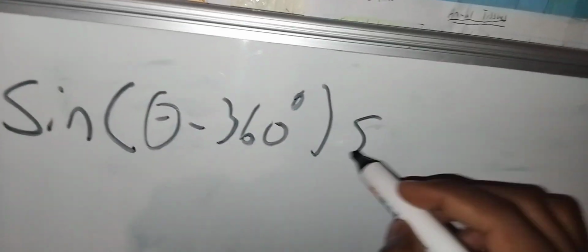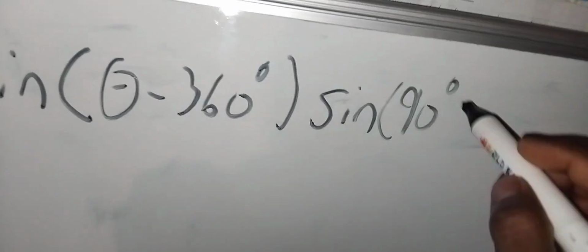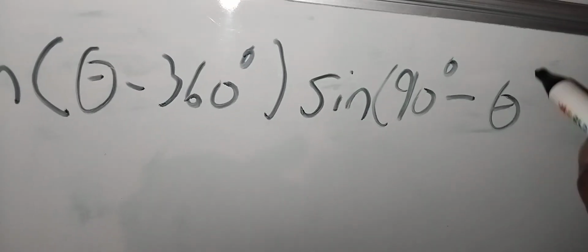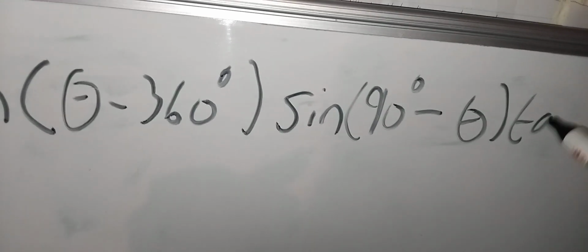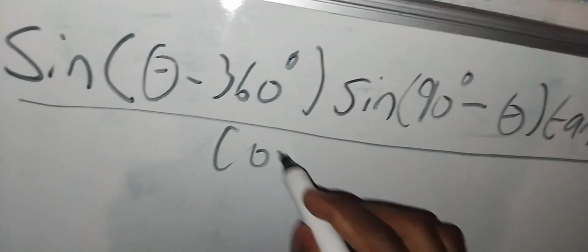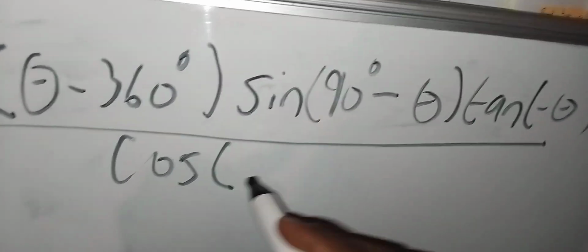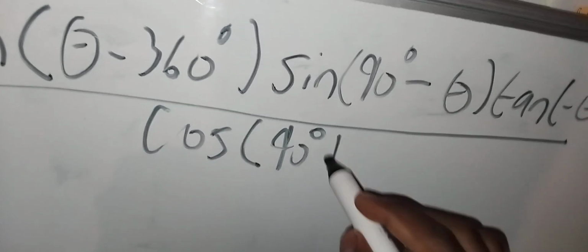Let me rewrite this part. So this is sine of theta minus 360 degrees, multiplied by sine of 90 degrees minus theta, and then tan of negative theta, divided by cos of 90 degrees plus theta.